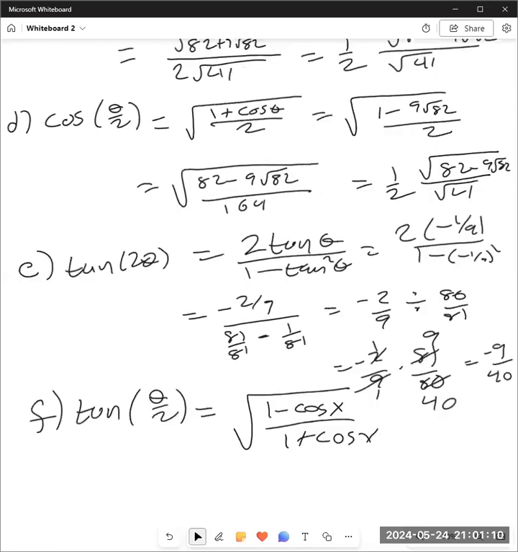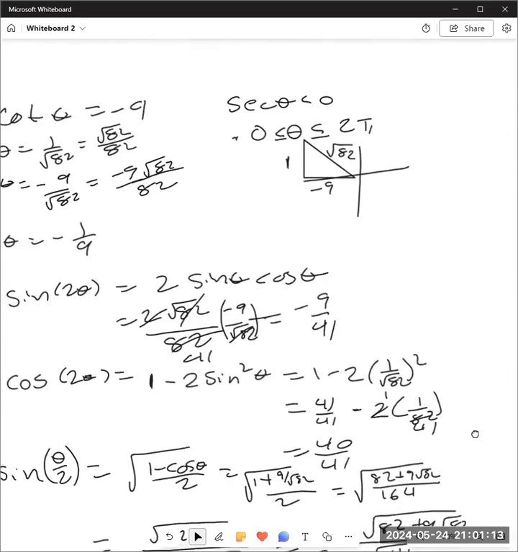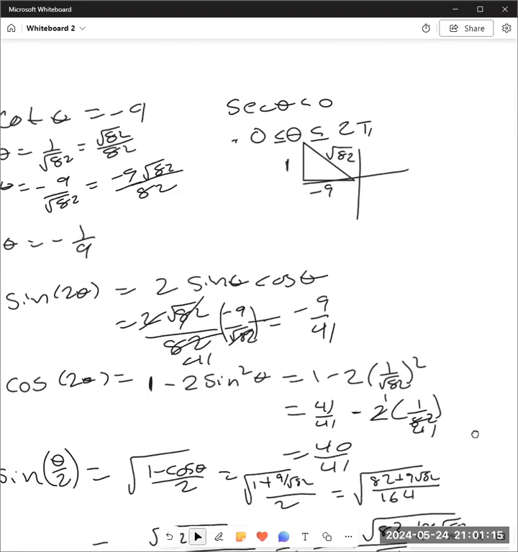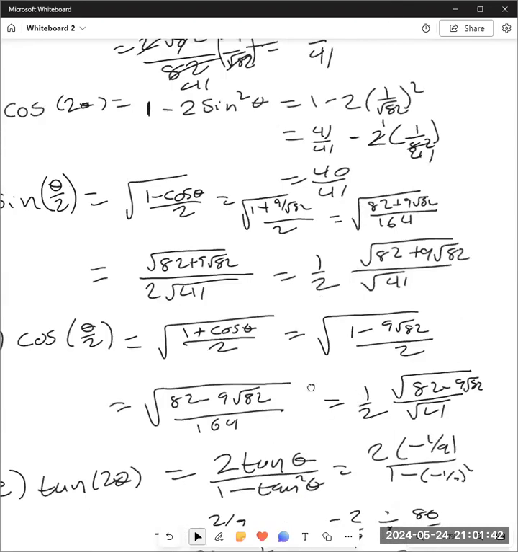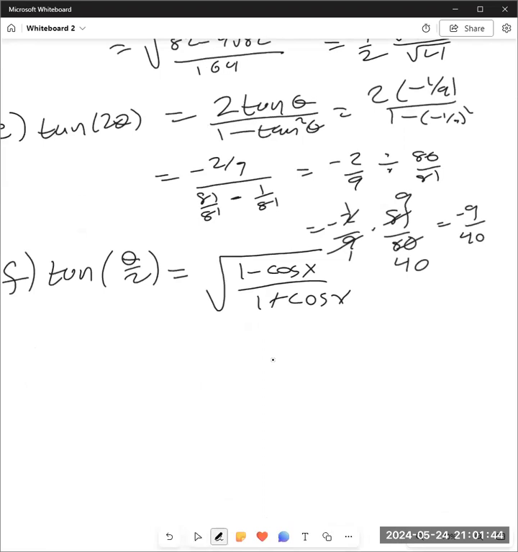And I have to figure out that since we are in quadrant 2, theta is actually between pi over 2 and pi. But that means that theta over 2 is between pi over 4 and pi over 2. We're in the top half of quadrant 1 for our half angle. So tangent's going to be positive. Tangent of theta over 2 will be positive.